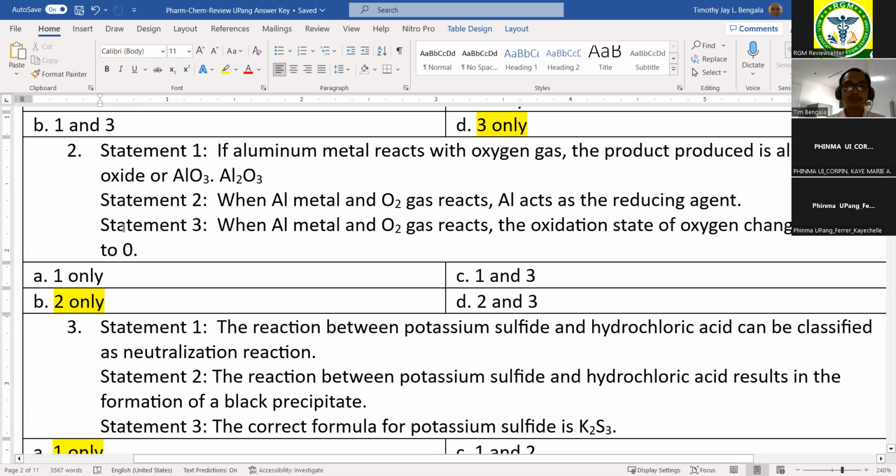Next, statement number 3: when aluminum metal and oxygen gas react, the oxidation state of oxygen changes from -2 to 0. This is incorrect. What is our rule for determining oxidation state? If they are in elemental form, it automatically has an oxidation state of 0. If I reversed it, from 0 to -2, that would be correct.